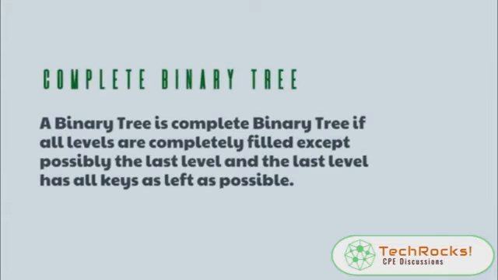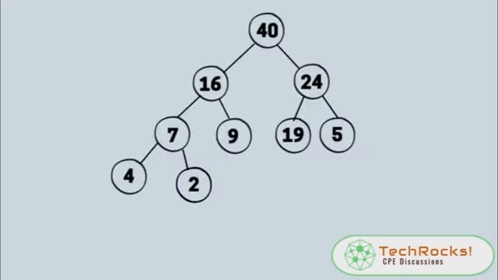Another type of binary tree is the complete binary tree. A binary tree is a complete binary tree if all levels are completely filled except possibly the last level, and the last level has all keys as left as possible. This is an example of a complete binary tree.